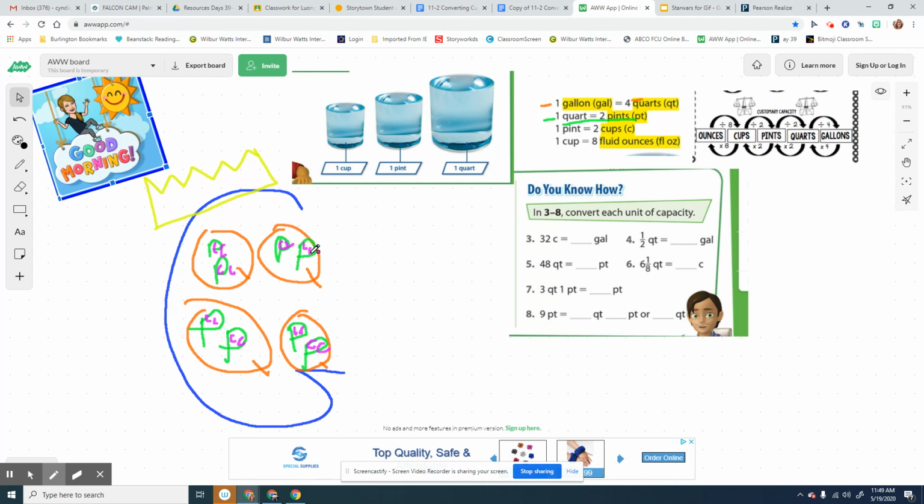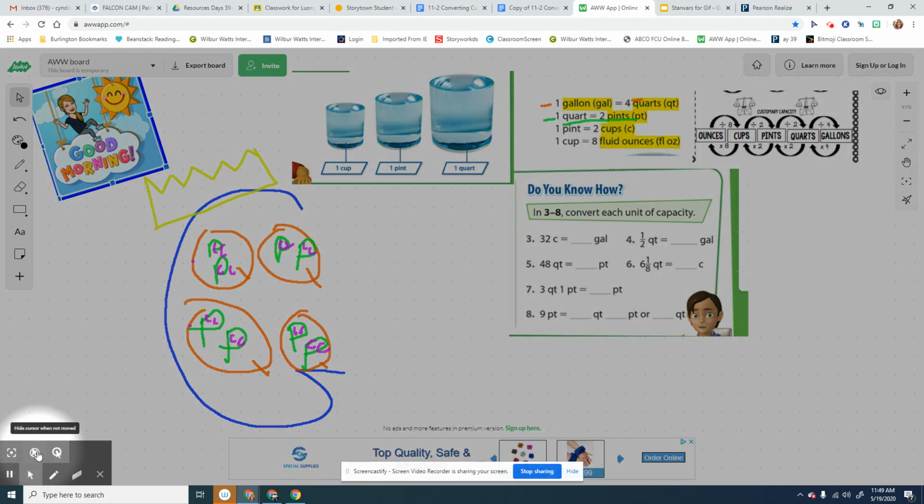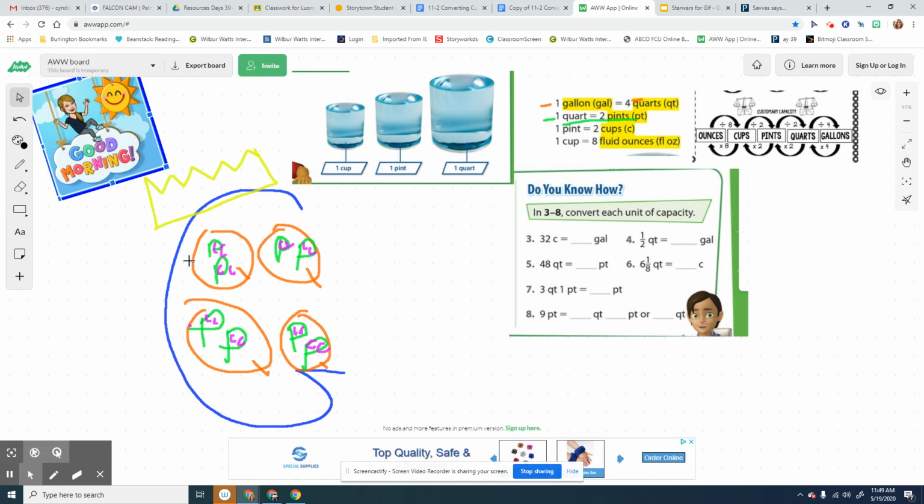So if you can remember this little story about King Gallon, 1 gallon equals... let me do this. So I've got 1, 2, 3, 4 quarts.